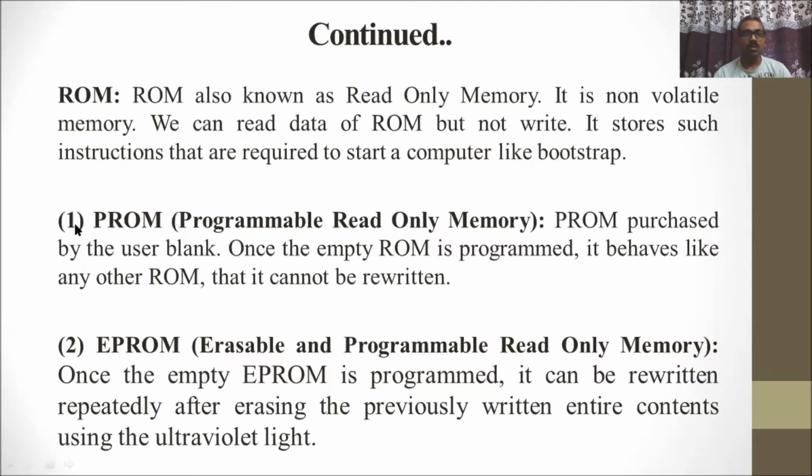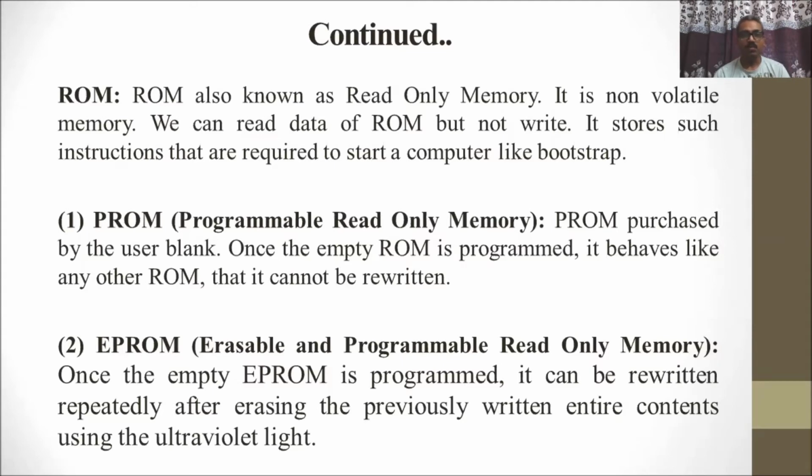The ROM is divided into three parts: PROM, EPROM, and EEPROM. PROM is programmable read-only memory, purchased blank by the user. Once the empty ROM is programmed, it behaves like any other ROM, that is, it cannot be rewritten. So once we write to a PROM, we cannot write again.